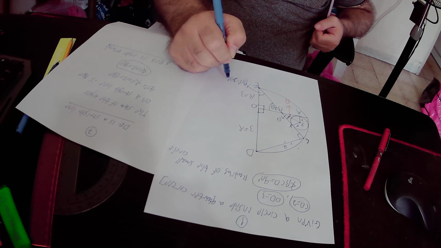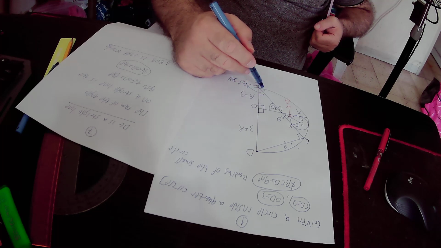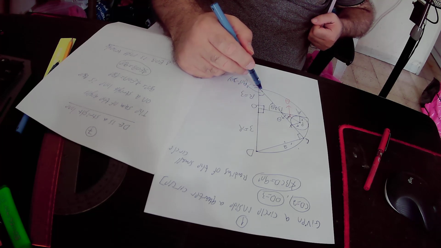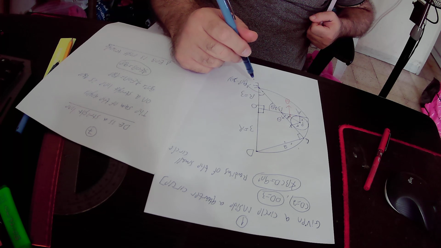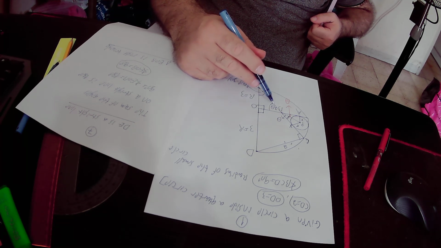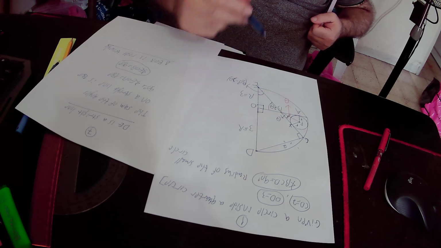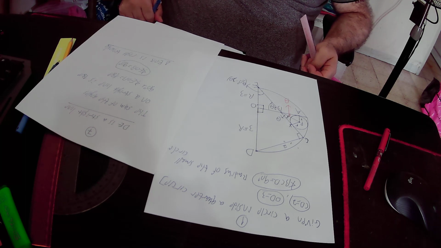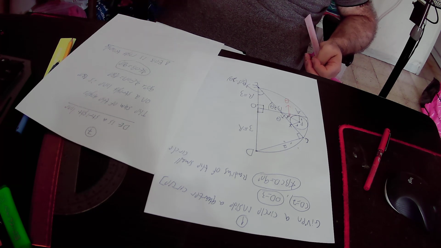The second angle must complete the sum of those two angles to 90 degrees. Or we can also say that the sum of the angles in triangle EOB is equal to 180 degrees.